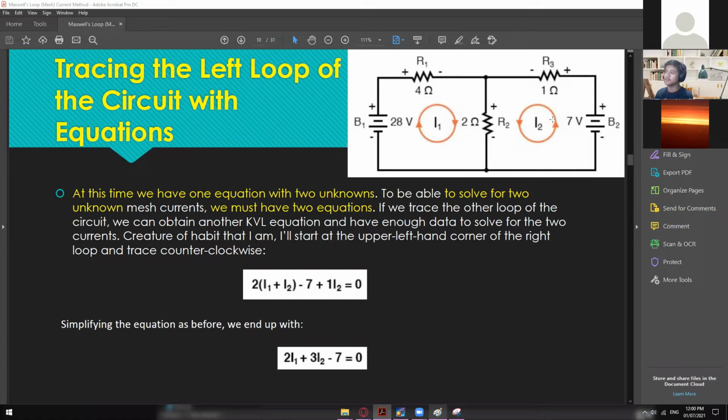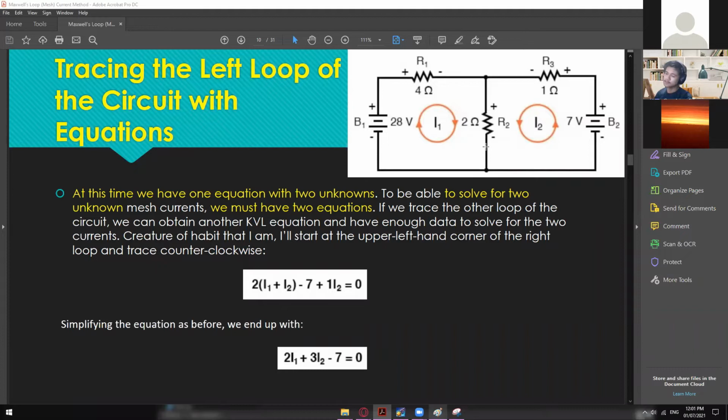If not, maybe we can do this one from scratch again, using the Paint application. Okay, Mr. Maaba already got this one. So you can start anywhere you want. You can start right here, negative 7 plus I2 times 1 ohm, and then plus I2 times I2 plus I1.